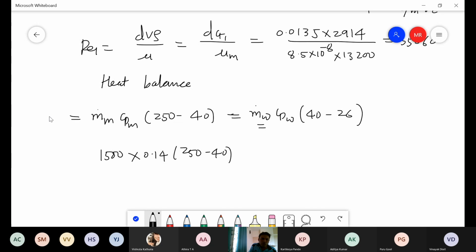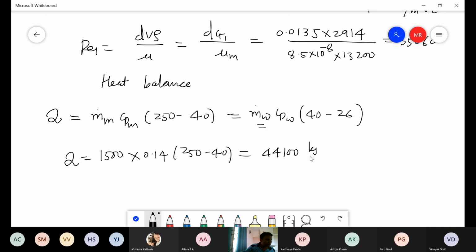So this is equal to Q, isn't it? So Q is obtained as 1500 into 0.114 into 250 minus 40. So that becomes 4400 kilojoule.